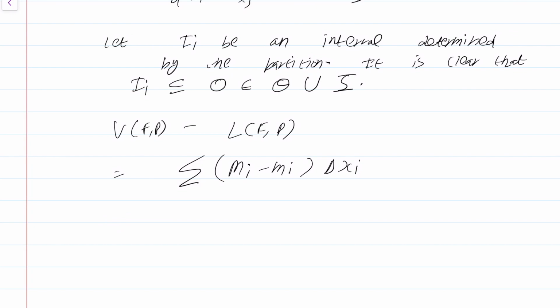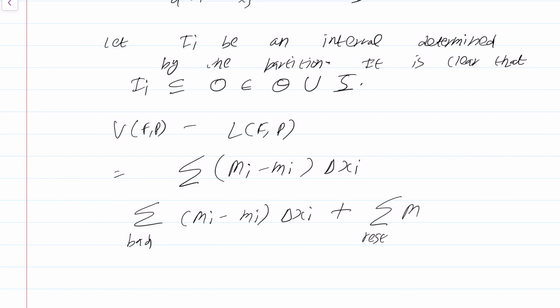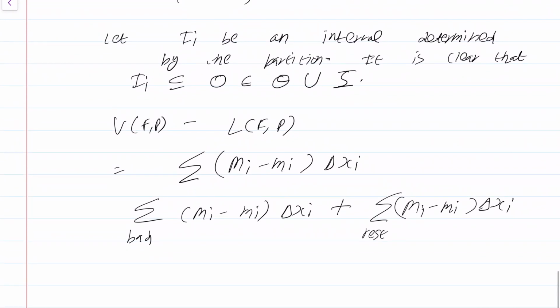You write this as the summation over bad of (M_i minus m_i) delta x_i plus the summation over rest of (M_i minus m_i) delta x_i. You're summing up over these intervals and I'm saying you break it up into two parts, the bad part and the rest part.